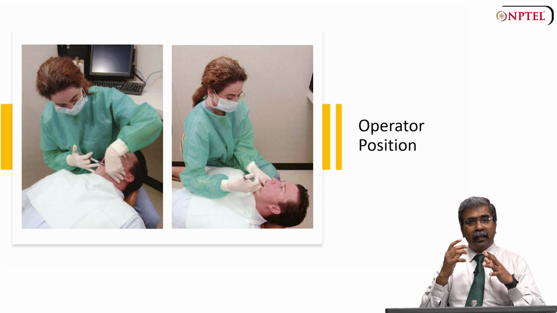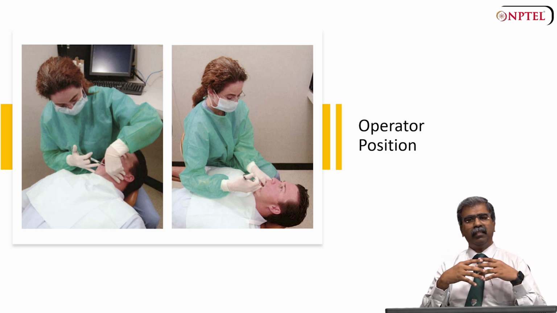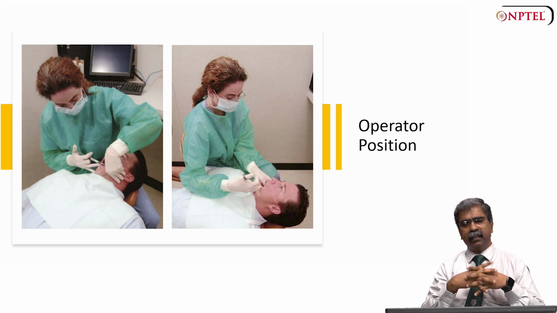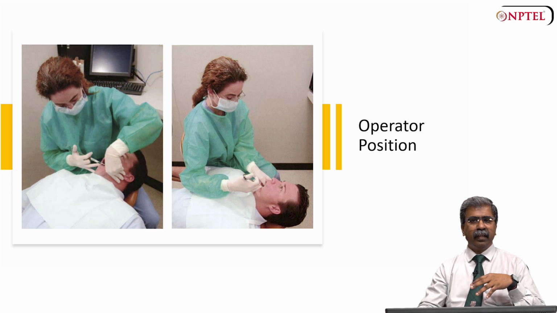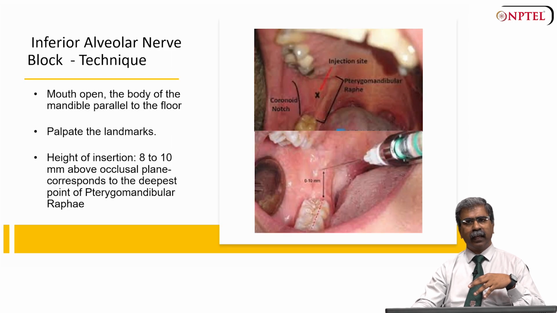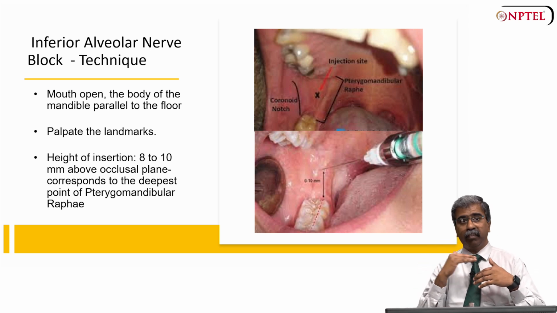So for the direct inferior alveolar nerve block, an indirect technique, or for that matter the Gow-Gates technique, proper mouth opening is very, very important. With the mouth open, the body of the mandible is parallel to the floor.